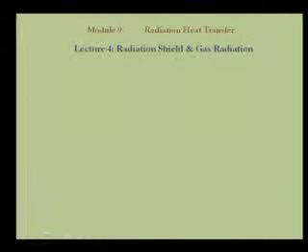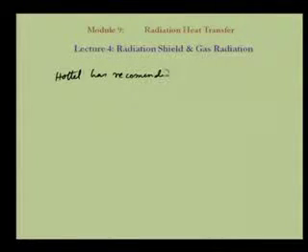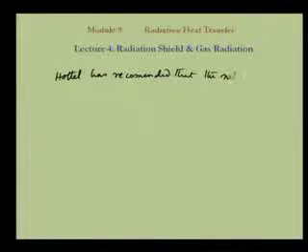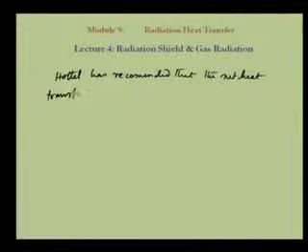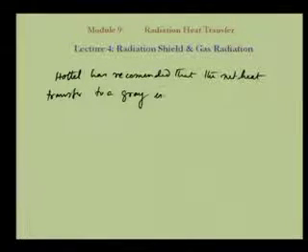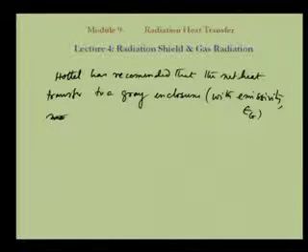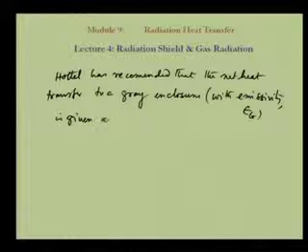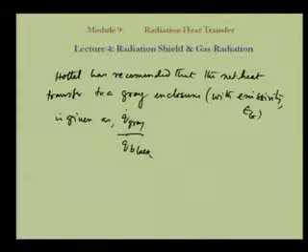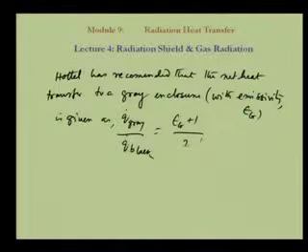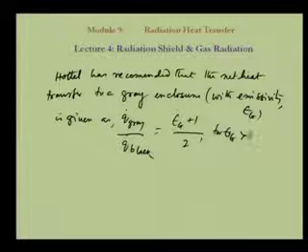Now, one thing is there that Hottel has recommended that the net heat transfer to a gray enclosure with emissivity epsilon g is given as q dot gray by q dot black equal to (epsilon g plus 1) by 2, for epsilon g greater than 0.8.